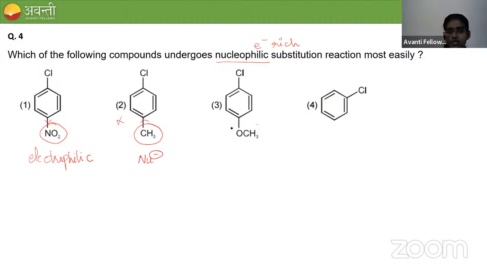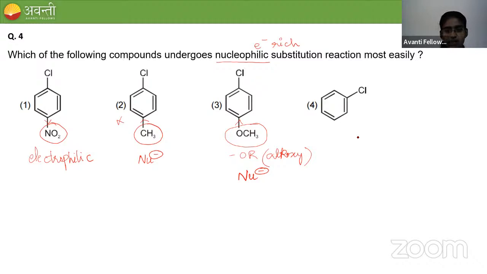And OCH3. OCH3 is again an electron releasing group. OR group is an alkoxy group. So alkoxy groups are basically electron releasing groups, and again it makes the ring more electron rich in nature. So it is again nucleophilic. Okay. And here in the fourth option, we don't have any such electron withdrawing or electron releasing group.